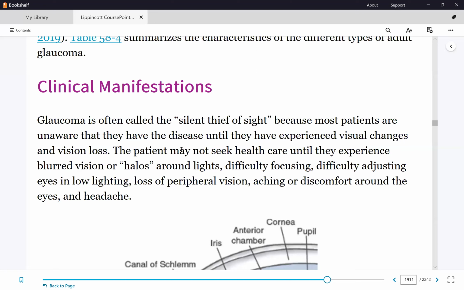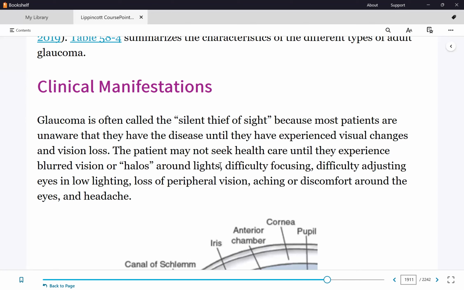The patient only seeks help or goes to the eye doctor once they have the symptoms of the complications, which indicate the disease is already advanced and that the patient's blindness is imminent. All we can do at that point is just preserve what remaining vision the patient has. There's no way to recover any lost vision. Once vision is lost, that's it.